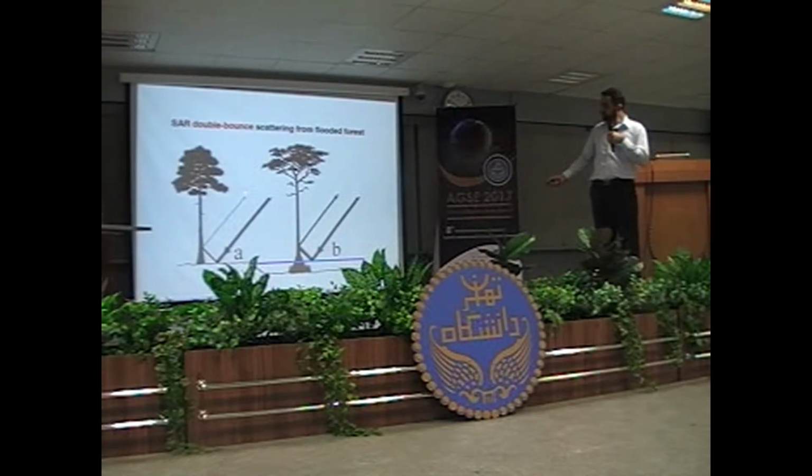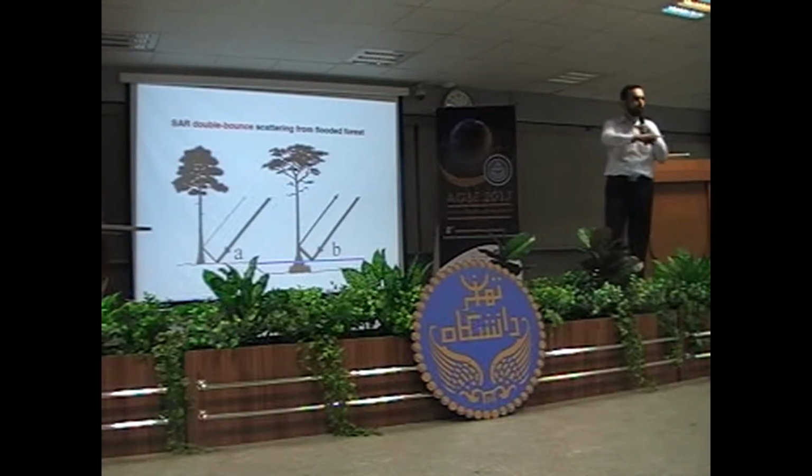You can see the first bounce to the tree, another bounce to the ground and coming back, or the other side: first bounce to the ground, then to the tree and coming back. When it has water, the amount of backscatter is larger. When the first bounce is on a flooded area, the flood does not absorb any energy, so it bounces all the energy to the tree, and then a larger amount of energy comes back to the antenna.